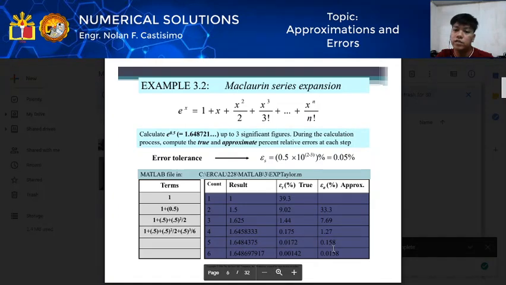Pabawas din ng pabawas yung tawag nito, yung discrepancy. Okay? So dito sa approximate, parang mas malaki yung percent na error niya kumpara dito sa true value. Okay. So, that's it. So, continue natin yung topic natin sa susunod na video. Thank you.